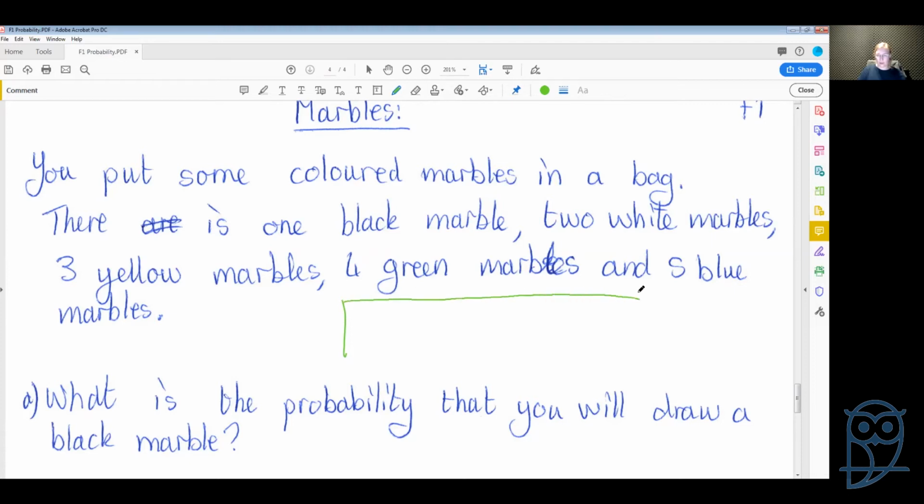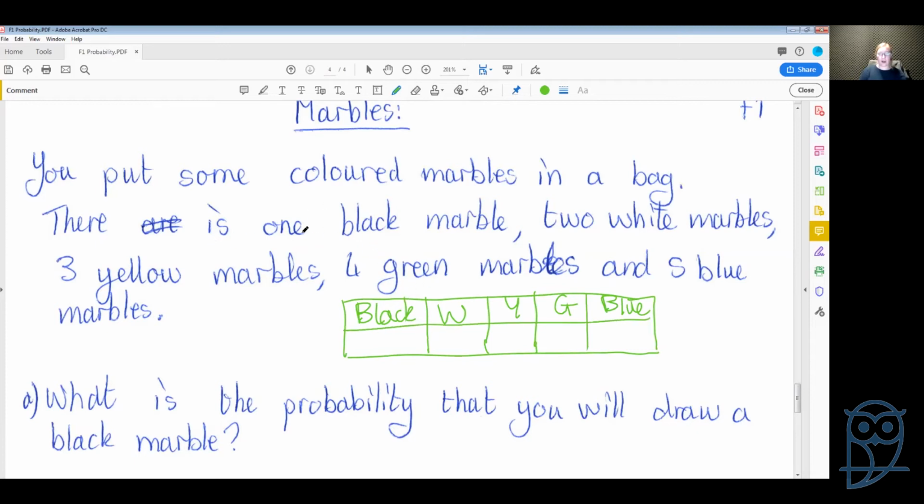If I can actually draw a straight line, that would be great. So we start with black. Then we have white, yellow, green, and blue. The only reason why those 2 are written out is because they start with the same letter. Great. So there we have a little table.